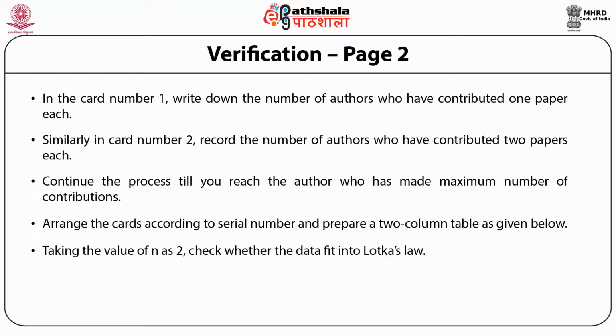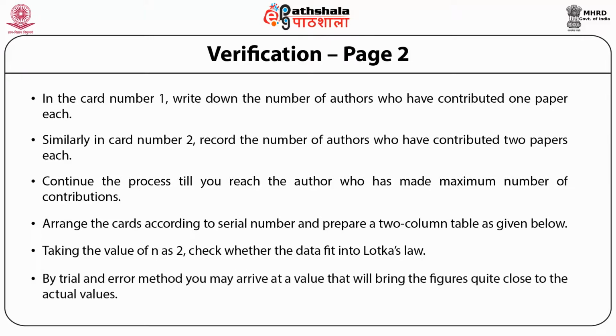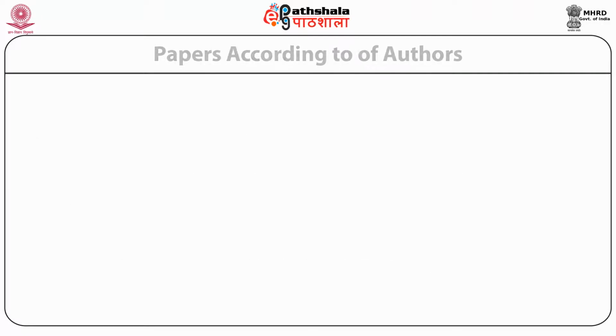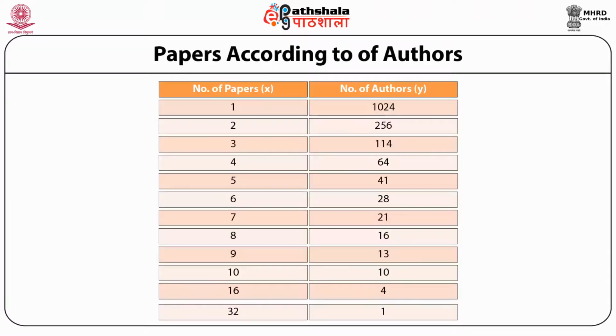If it does not, you have to try with different values of n. It may be more than 2 or less than 2. By trial and error method, you may arrive at a value that will bring the figures quite close to the actual values.